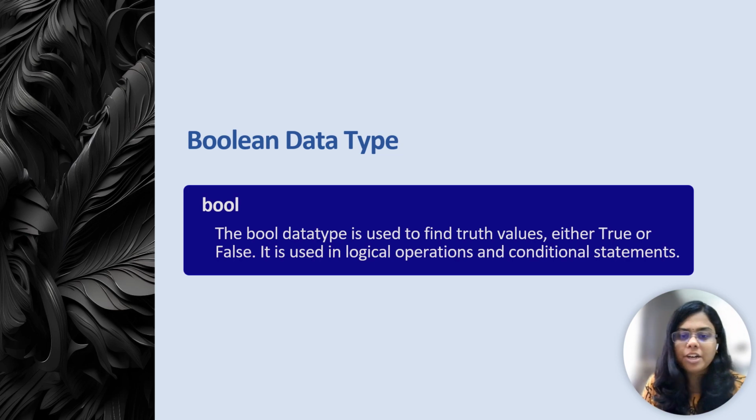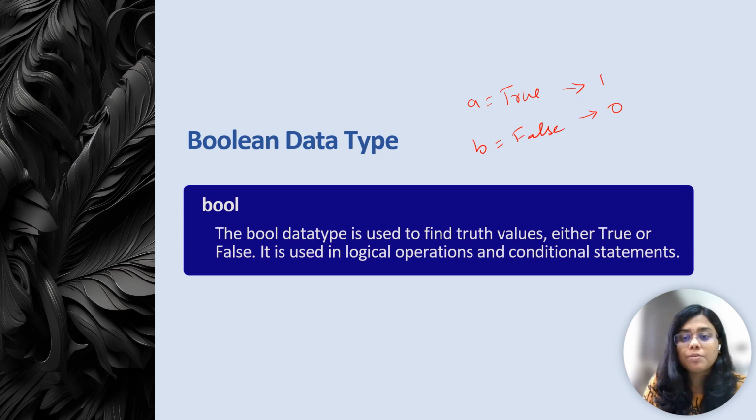Now we look at the Boolean data type. The Boolean data type is used to represent truth values, meaning true or false. When we say Boolean, we define it as A equals true, B equals false. So when we say true, it returns the value 1, and if it is false, it returns the value 0.